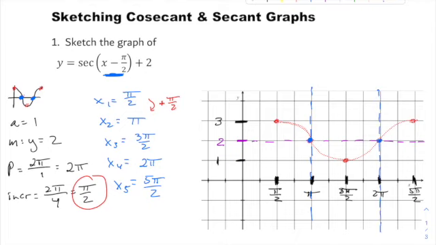I'm going to sketch two vertical asymptotes, and these spots that are at the peaks here, that is still going to be there. Normally on the parent function, where cosine is 1, the reciprocal of 1 is still 1, so you're going to have that same value.